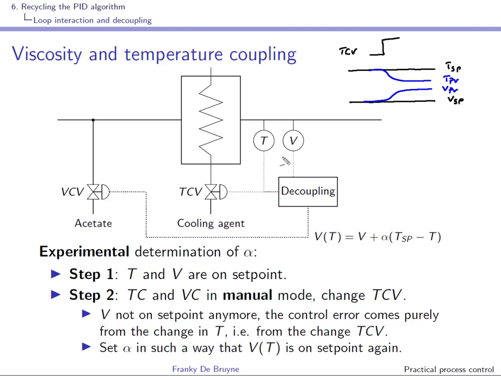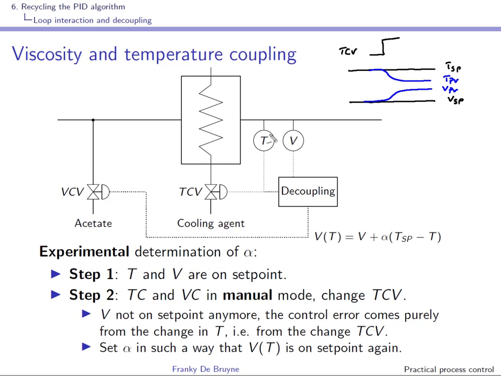So we have only changed the position of the valve controlling the cooling agent flow, and the temperature has decreased and the viscosity has increased. We know here, because we have only changed this valve position, that this error in the viscosity comes purely from the change in temperature.